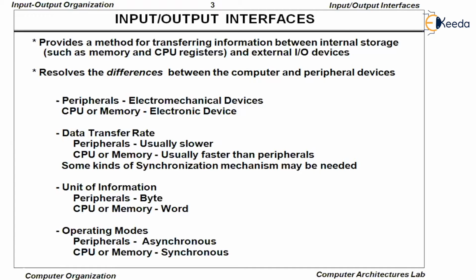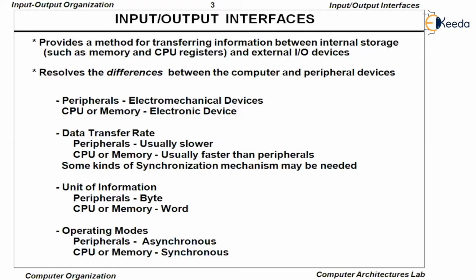When it comes to the unit of information, peripheral devices use bytes and CPU memory uses words. So there will have to be a transfer between bytes and words. When it comes to the operating modes, peripheral devices are asynchronous to the CPU, and memory, CPU registers and memory are synchronous. So when you want to establish a communication, both devices must be synchronized.